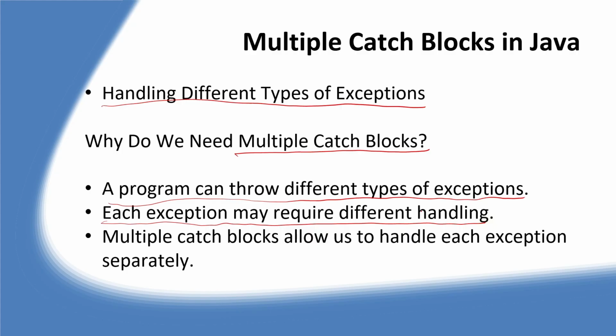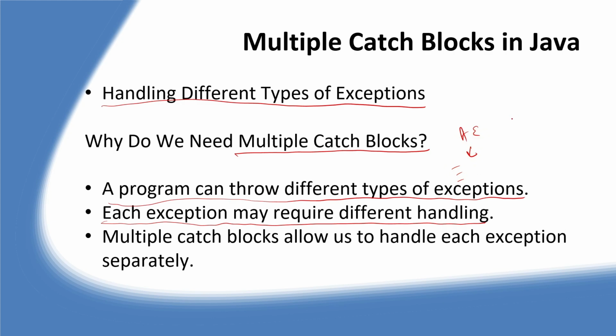So let's say we are getting an arithmetic exception and we want to deal with it separately, and we are getting an array index out of bound exception and we want to deal with it separately. What do we mean by deal separately? It means if we are getting an arithmetic exception, then after getting the exception I will be doing something else.